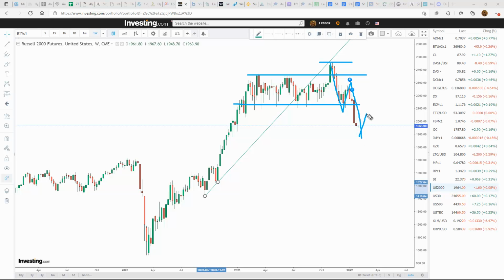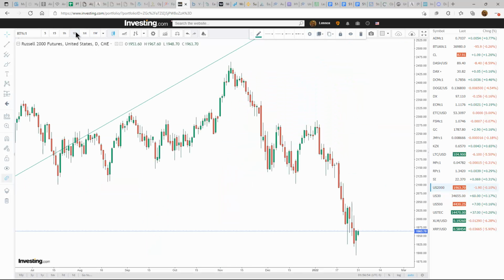So we could see a bounce as well, but then all bets are off and we're heading down. So looking at the daily time frame, again, I'm seeing the same type of pattern where we've come down to this level. We're going to see a little bit of a bounce, but after that, again, all bets are off.